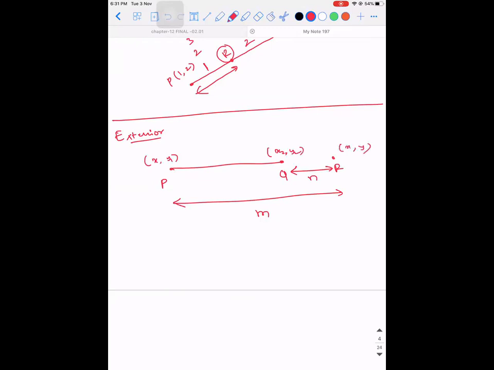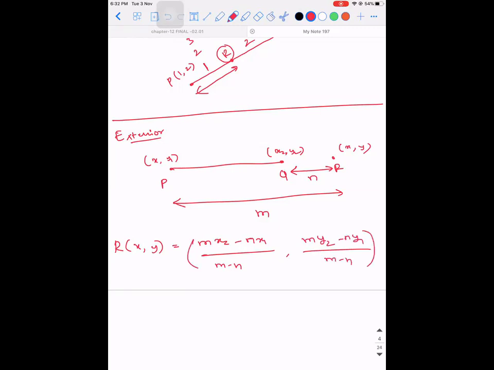This point is X comma Y. R (X, Y) will be equal to M into X2, but instead of plus, you will have a minus: minus N into X1, divided by M minus N. Similarly, it will be M into Y2 minus N into Y1 divided by M minus N.